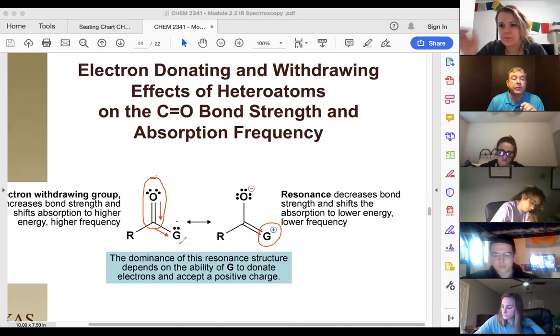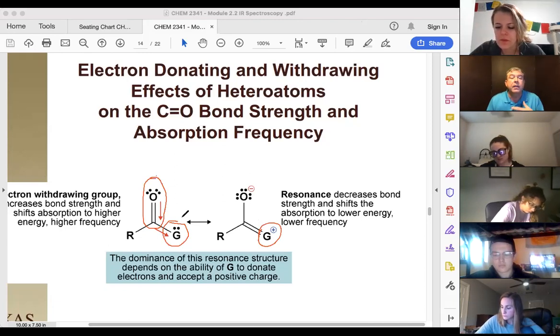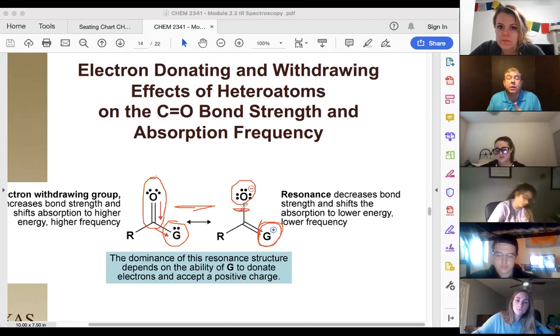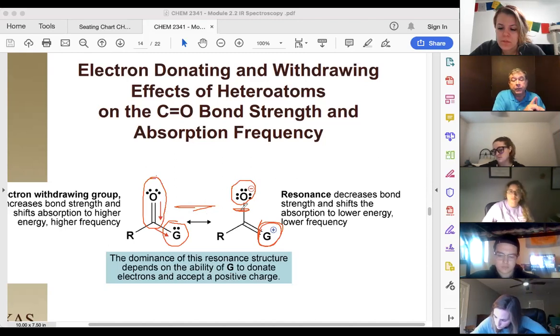However, if you have some other electron withdrawing group, like a halogen or a salt or something, then you can get a resonance structure where you have charge separation. You have a negative charge on the oxygen and a positive charge on this electron withdrawing group. Because of this, you've changed the nature of this bond. It is no longer exactly a carbonyl bonded to 2 carbons, and therefore it shifts, and it can shift down or it can shift up.